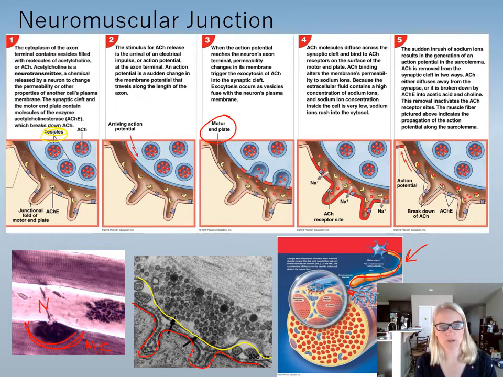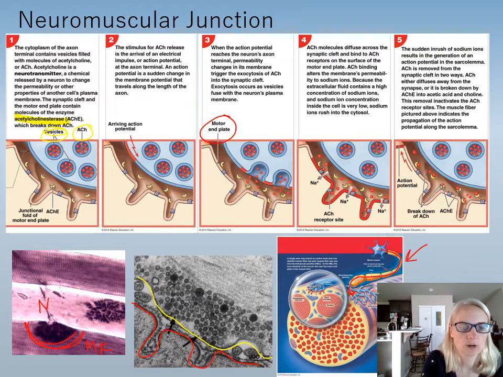So these are vesicles. They're little transport pouches, if you will, that are inside of the neurons. And inside of the vesicles, we have what's called a neurotransmitter. And the neurotransmitter that we are going to be focusing on here is called acetylcholine. There we go. Let me find the right one.